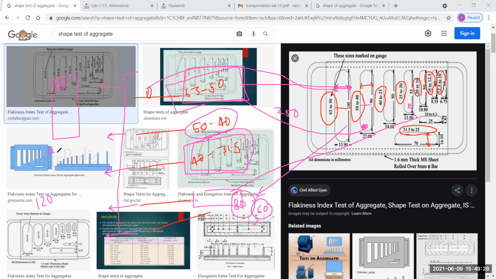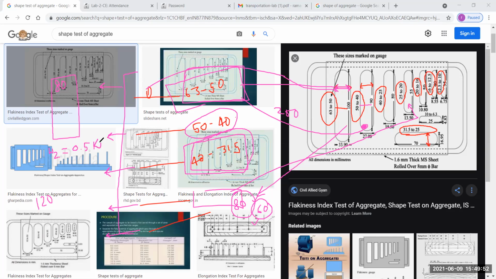Suppose I take W1 as 1 kg, that means the 200 aggregate weight for each fraction is 1 kg. So this much weight is, I think, 0.05 kg. Just take an example, W2 is equal to 0.5 kg.